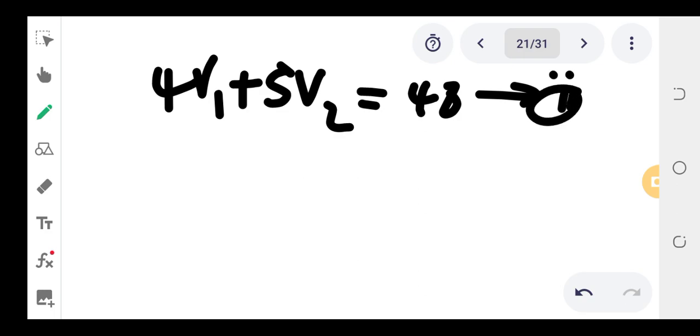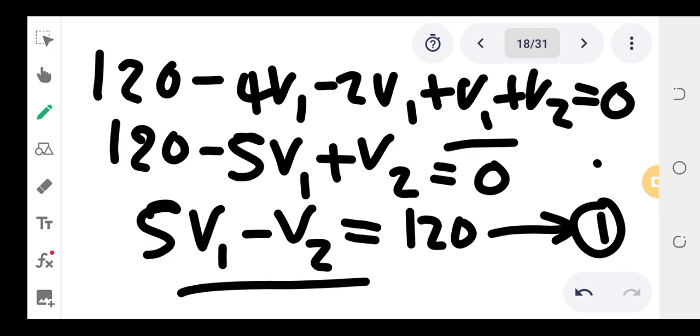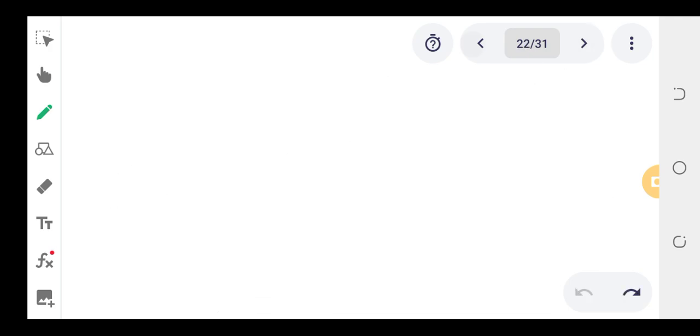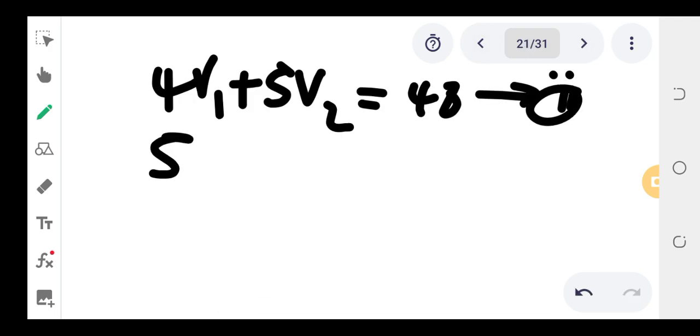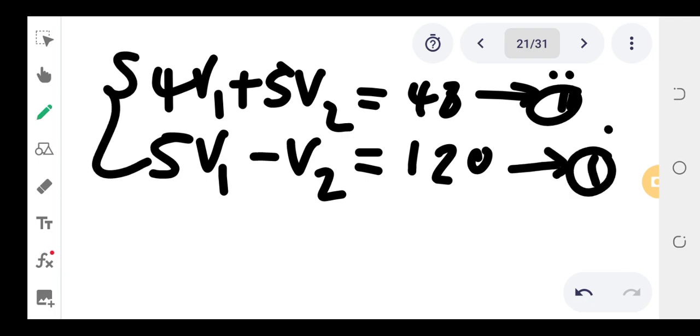So now let us solve these two simultaneously. Let me bring my equation 1 here. This is my equation 1: 5V1 minus V2 equals 120. So I must solve these two simultaneously.